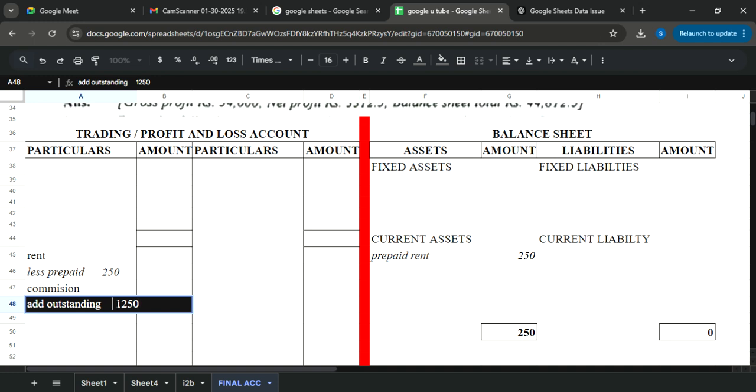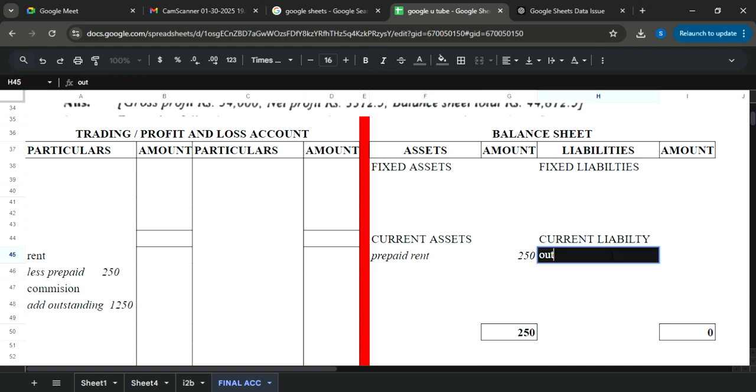A little more space we can adjust. The first step is completed. What we have learned is that outstanding should be added, and its second effect is on the liability side. So here, outstanding commission, you will write the amount 1250.